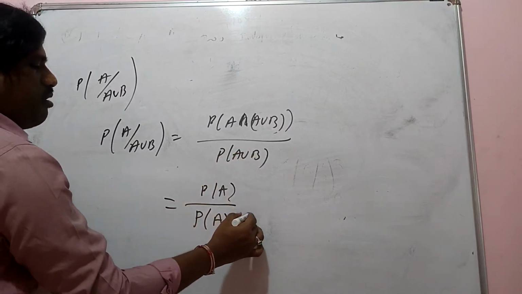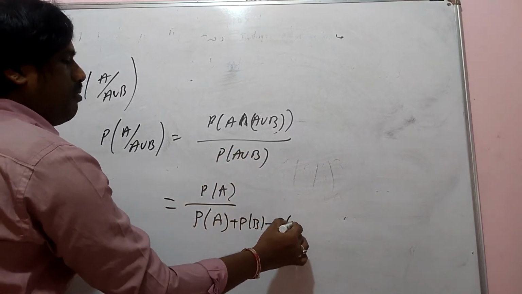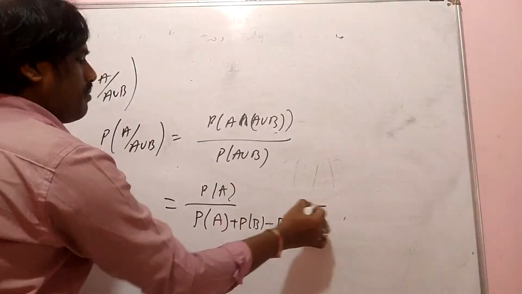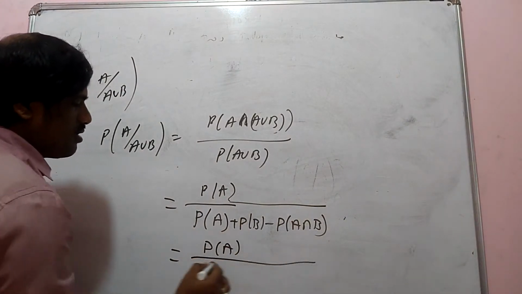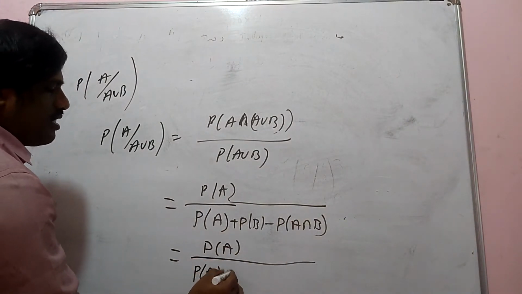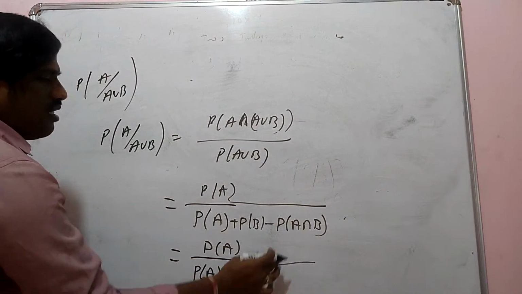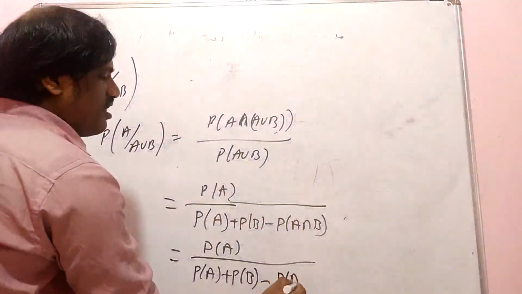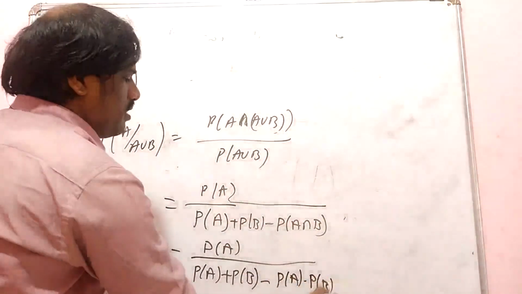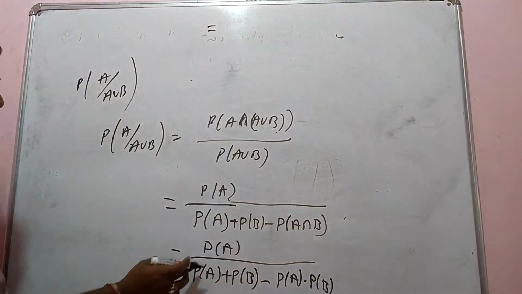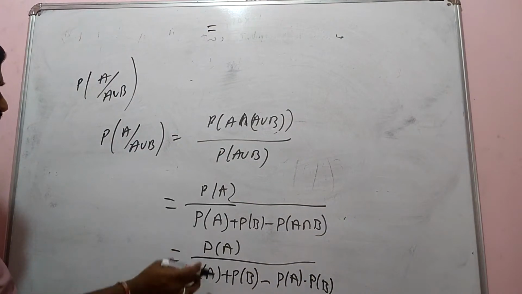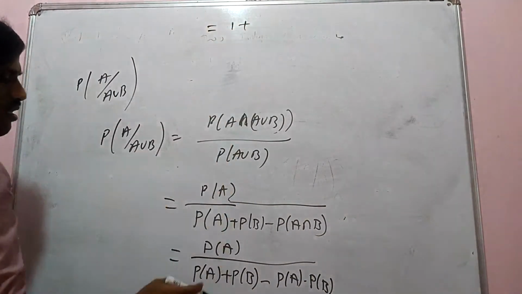Probability of A plus probability of B minus probability of A intersection B. I'm clearing this one. So probability of A upon, I get as probability of A plus probability of B minus, here this is probability of A into probability of B. Now you can separate all these things. If I separate this, probability of A upon A, I am going to get 1.